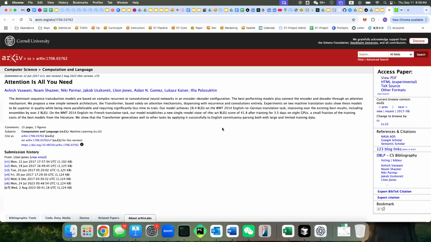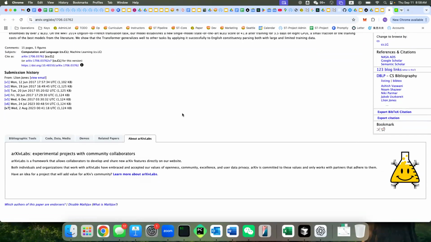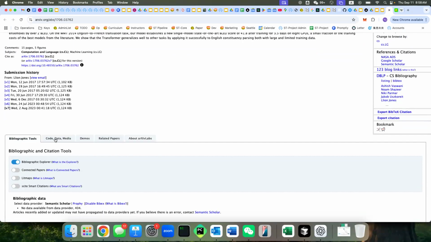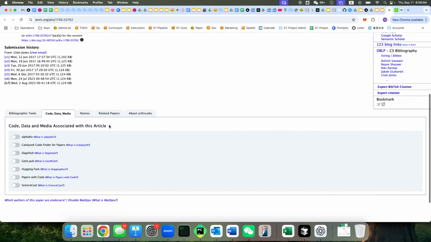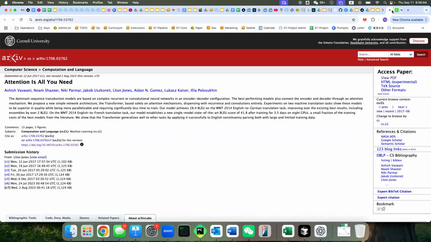Let's actually find out. You can find the paper for free from this Cornell library. But if I remember correctly, this paper was initially published in the conference. Let me see if I can find the actual information.